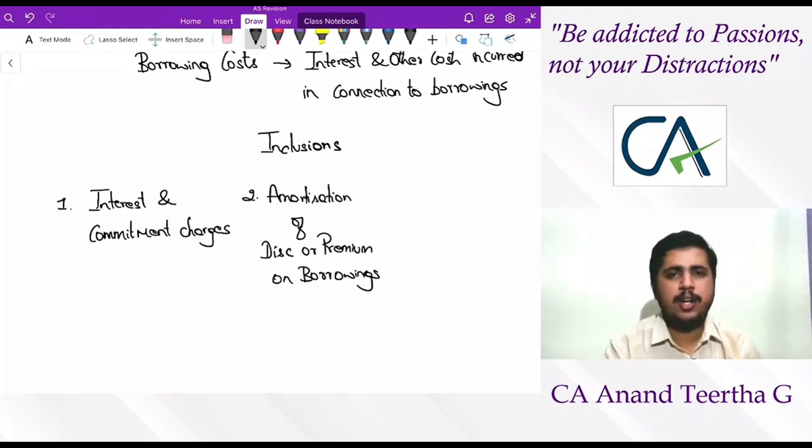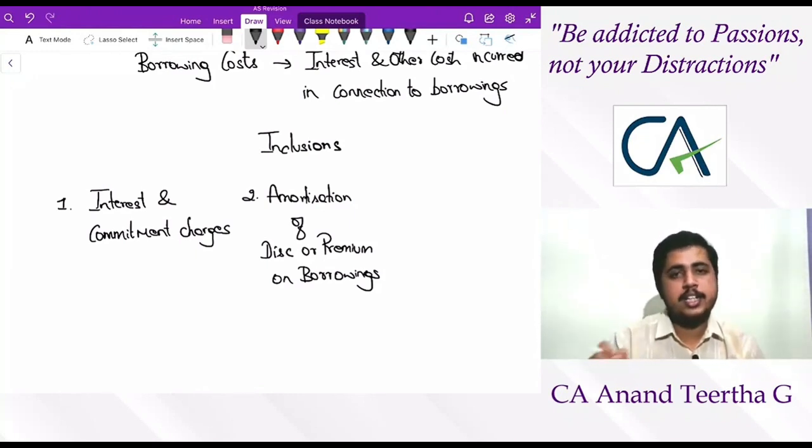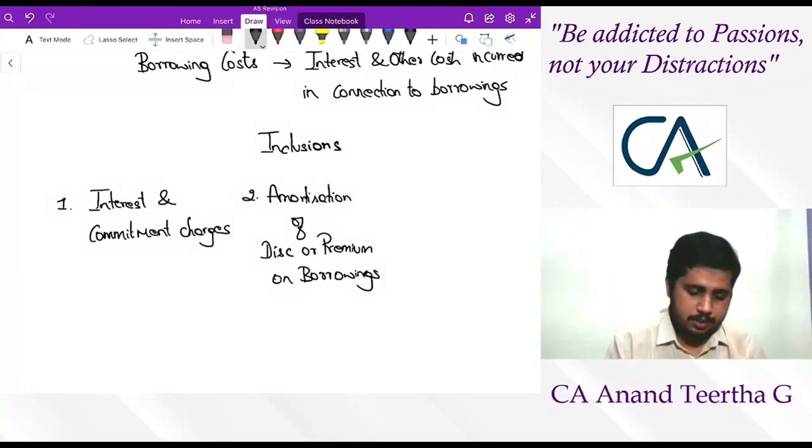So majorly you can now think about debenture. Debenture is issued at a discount, it's a loss, and that loss will be amortized, borrowing cost. A debenture is redeemed at a premium, again it's a loss, that loss will be considered on a proportionate basis, amortized, again borrowing cost, because these are costs in connection to borrowings, which is debenture.